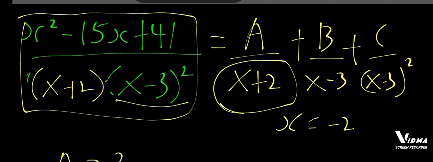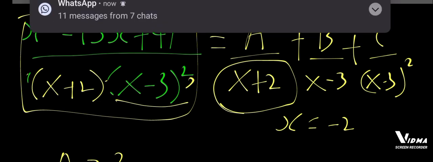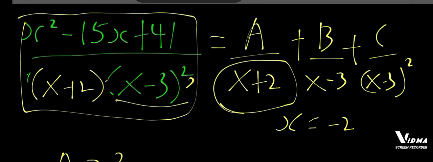So when you have a repeated root, most of the times what we do is we try to apply our rule to the one with the highest power. So if this were to be power 3, we would have applied our rule to the highest power. But for here, our highest power is the square. So we try to make the denominator with the square 0.